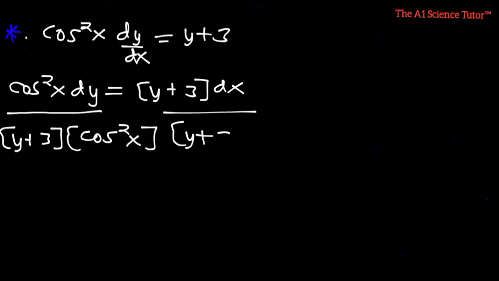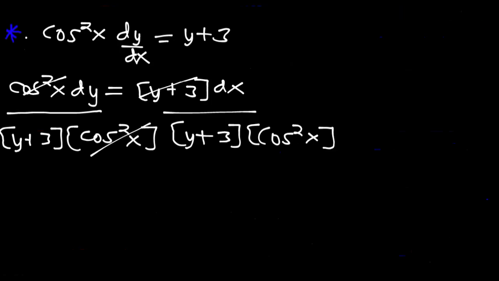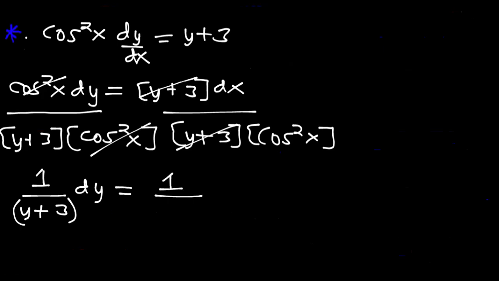So over here I have a y plus 3 cos squared x also. So this cancels this out, and here we have y plus 3 getting cancelled out. So this is going to be dy over y plus 3. So we have this homogeneous, and here we have 1 over cos squared x dx.